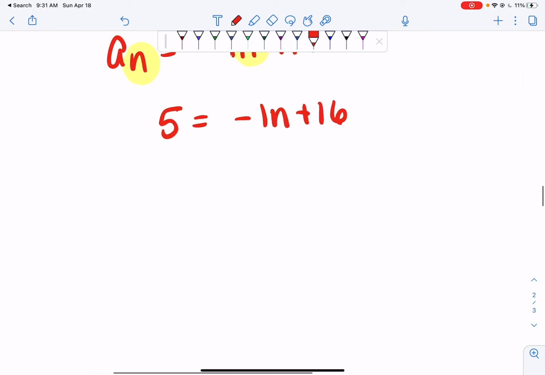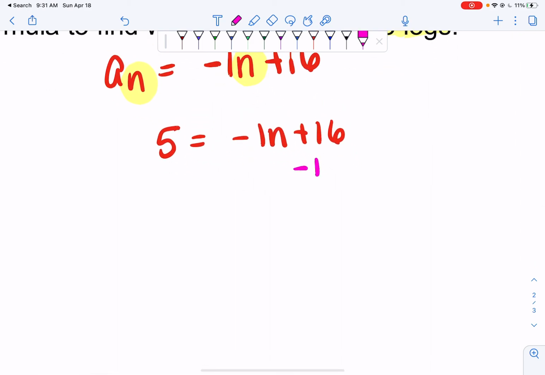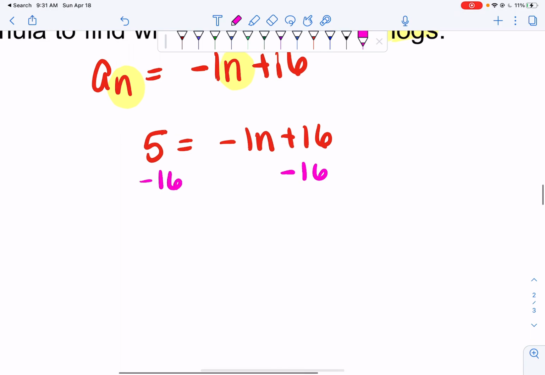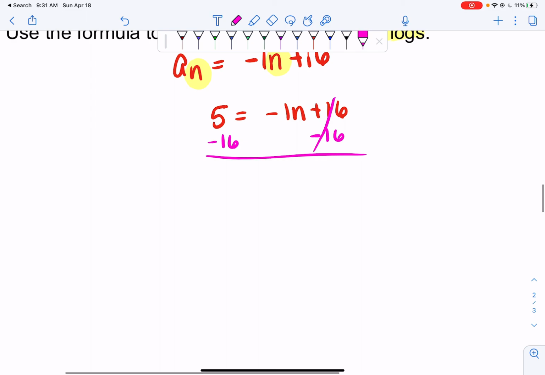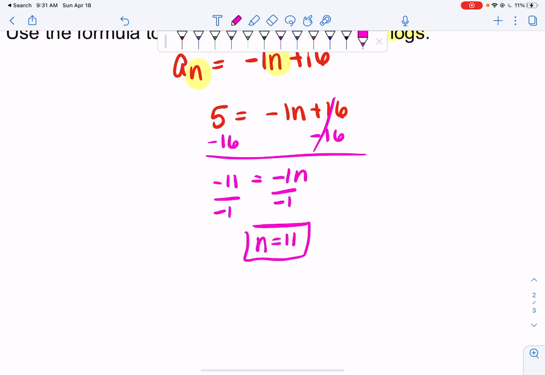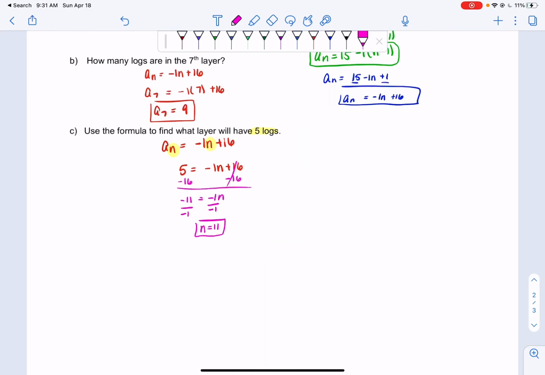To solve for n, I subtract 16 from both sides of my equation. 5 minus 16 is -11. And then I divide both sides by -1. So n is equal to 11. So the 11th layer will have 5 logs.